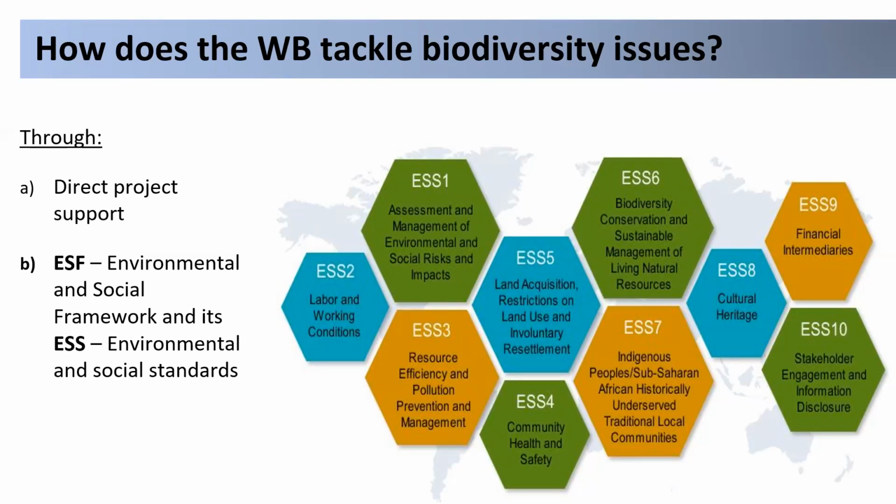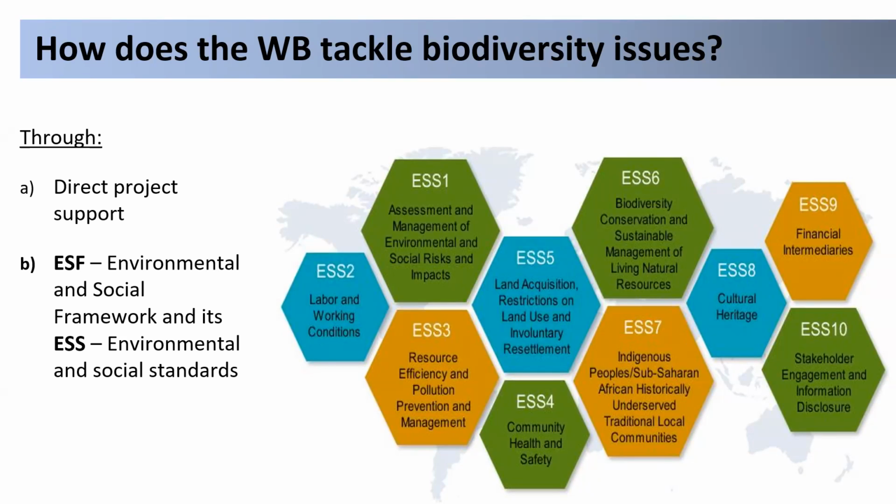The most predominant one is so-called ESS1, which talks about the assessment and management of environmental and social risks and impacts. That means, let's prepare the environmental and social management plan or environmental and social impact assessment for the project. But the other 9 standards are relevant not in all cases, but in some specific cases.